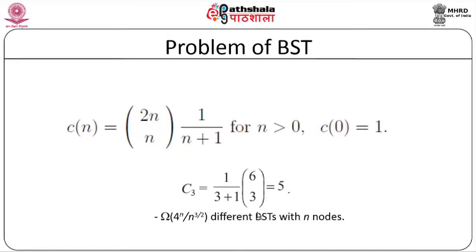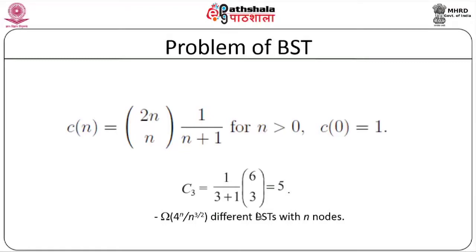In other words, this Catalan sequence tells us how the possibilities increase with the value of n. It is going to be omega of 4 power n divided by n power 3 by 2.